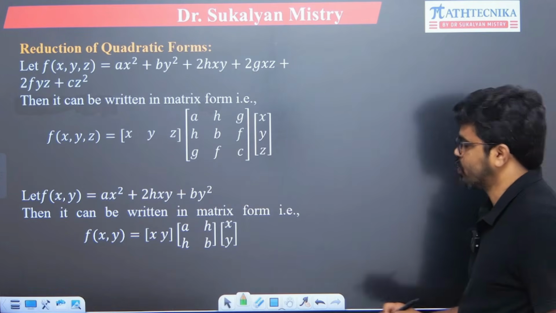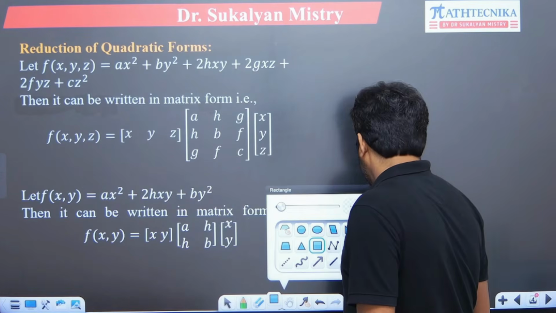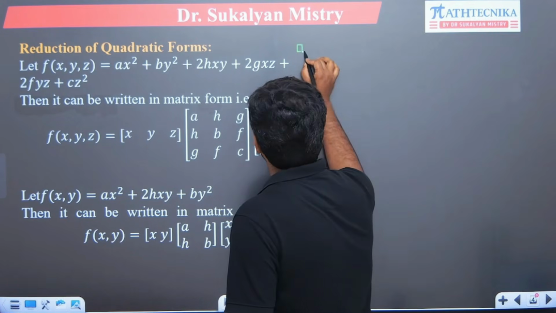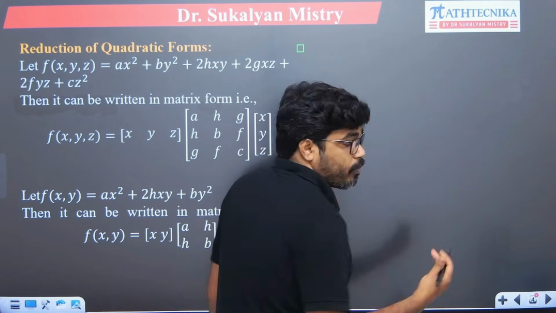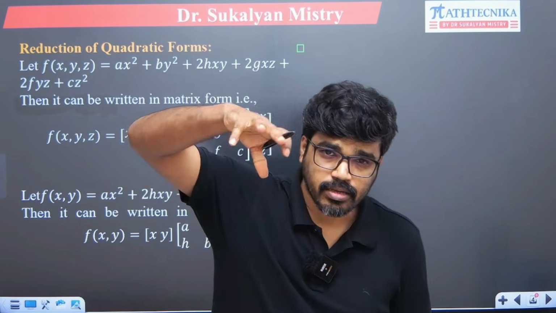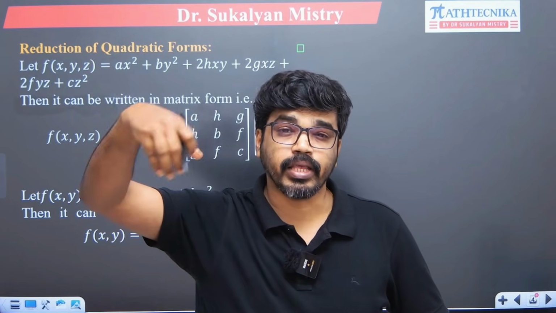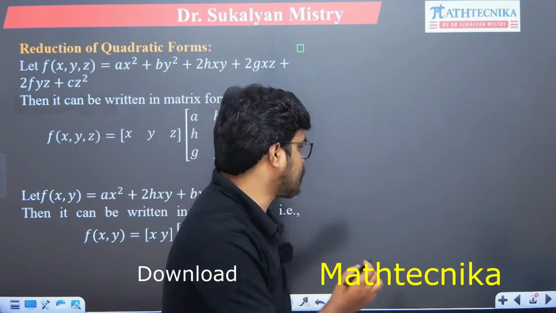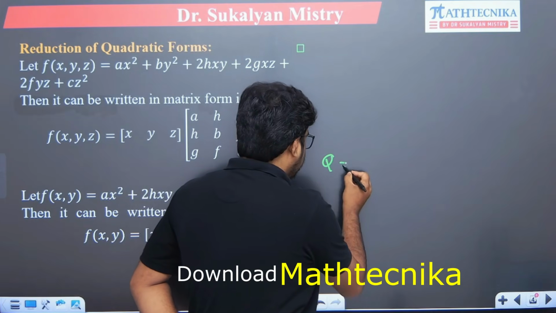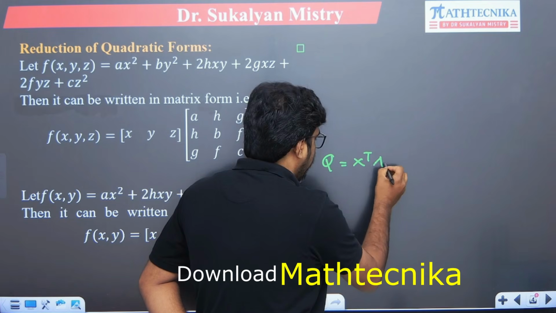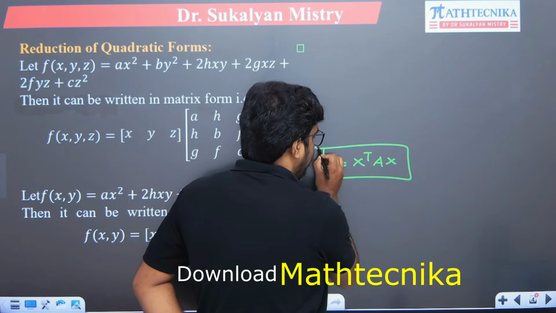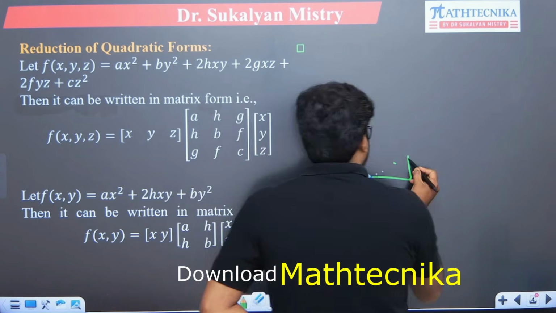Okay, so suppose if we consider a quadratic form, so আমরা কোয়াড্রেটিক ফর্মকে কি করতে পারি, ম্যাট্রিক্স ফর্মে রিপ্রেজেন্ট করতে পারি। We can express the quadratic form in matrix form, right? That is, q can be expressed in the form x transpose Ax. Okay, so let us consider an example.